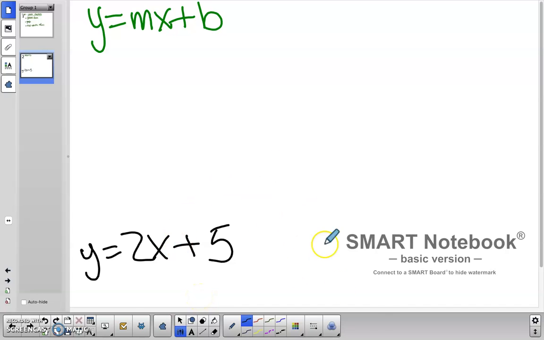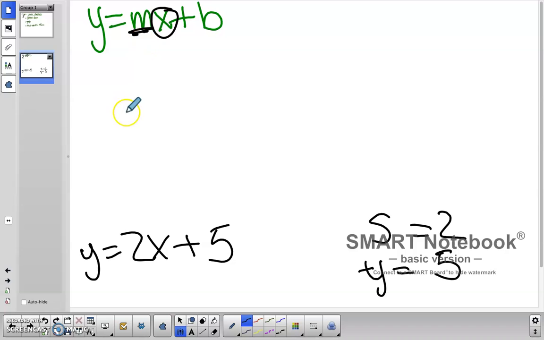Okay? So hopefully that was enough time for you to figure out what the slope and y-intercept were. The slope is going to be 2, and the y-intercept is going to be 5. Now, why is the slope 2? That's because look, the slope is m, right? m will always come before the x.